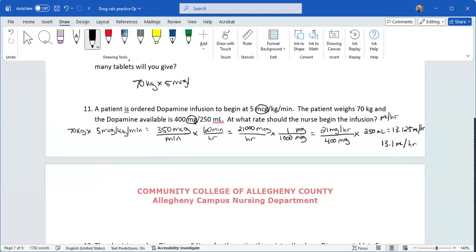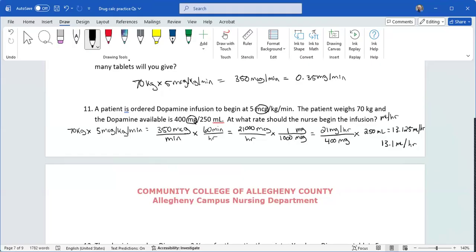I'm just writing out the units here. And then you got 350 micrograms per minute. Hold on, because I think I can answer your question too, and get us all on the right page. Then you converted that to milligrams, so you got 0.35 milligrams per minute. All right, so you're there.